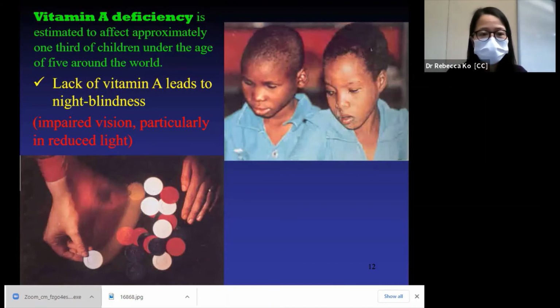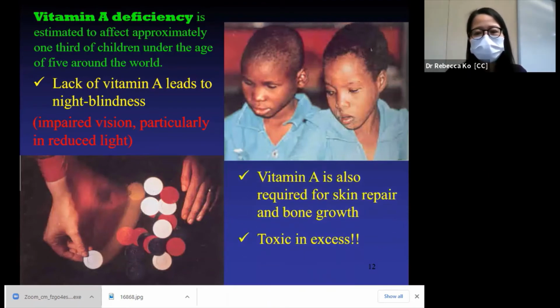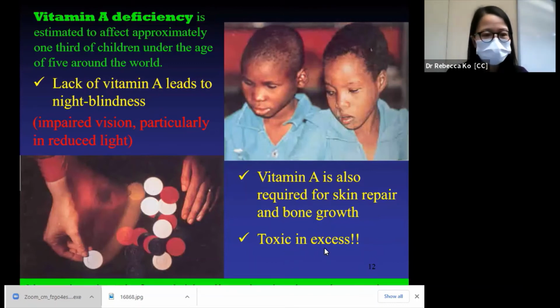then we may not be able to see things clearly. Vitamin A, you know, is not just for vision, it's also required for skin repair and bone growth. Yes, vitamin A is important, but if you take in too much, that's a problem too, and it's toxic in excess.